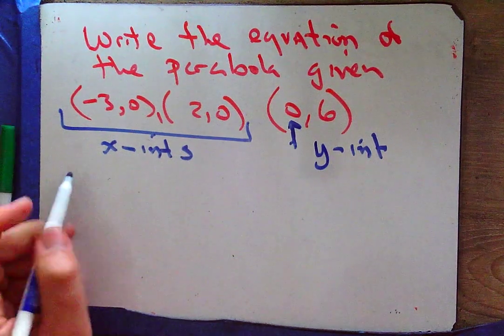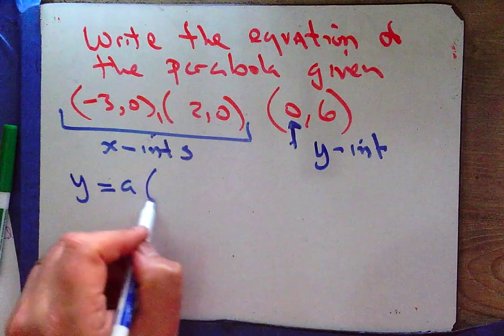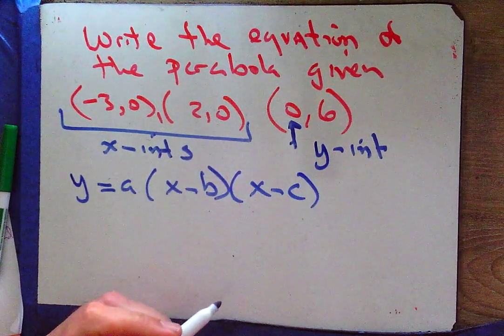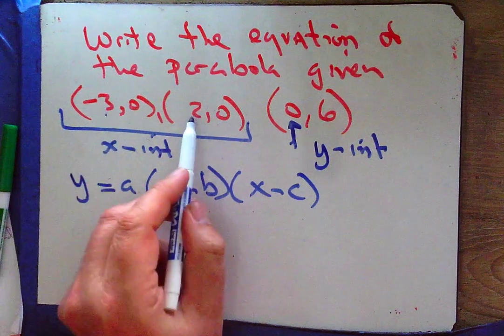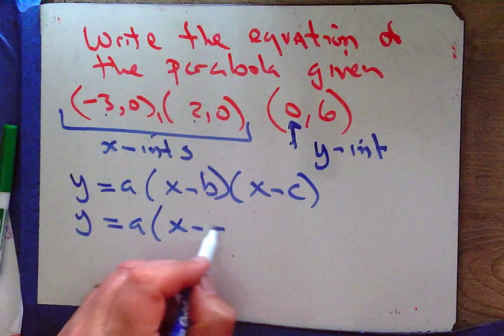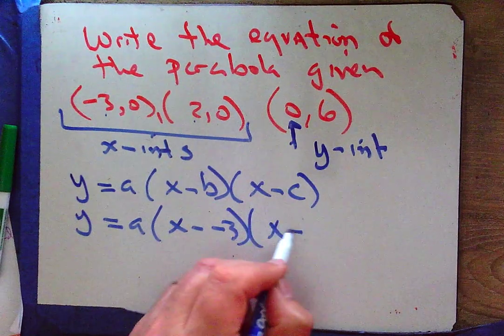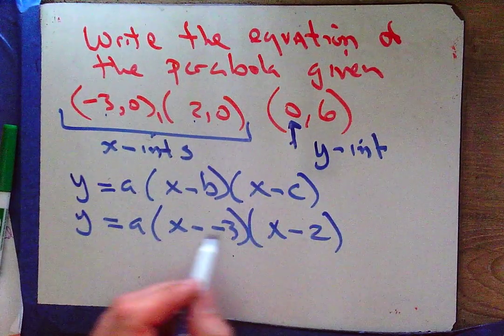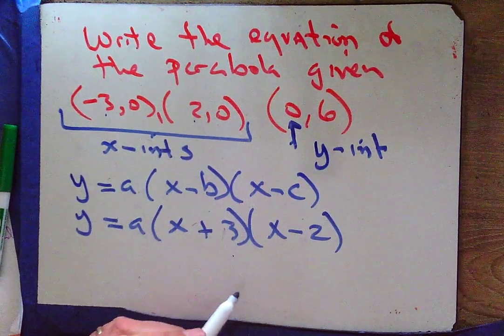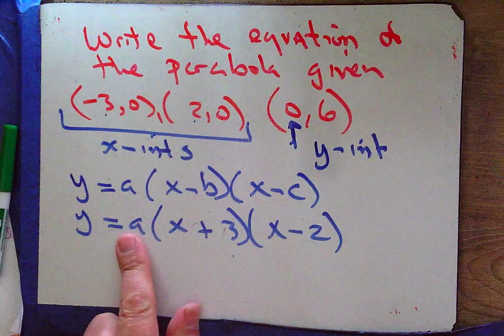Remember what it was? y equals a(x minus b)(x minus c). So we're going to plug in our b and our c. y equals a(x minus negative 3)(x minus 2). And of course I could rewrite that as plus 3. Good. Not done yet because I still have an a.